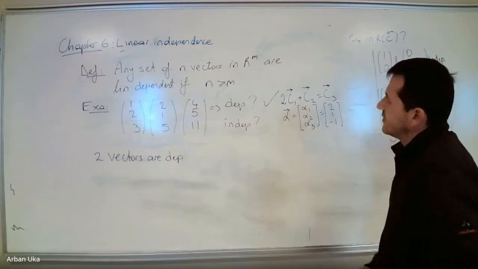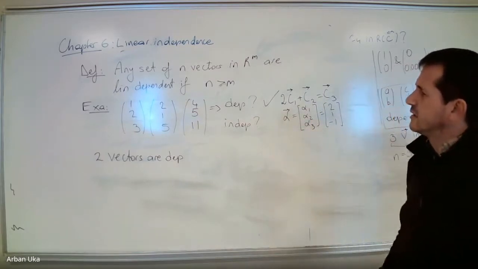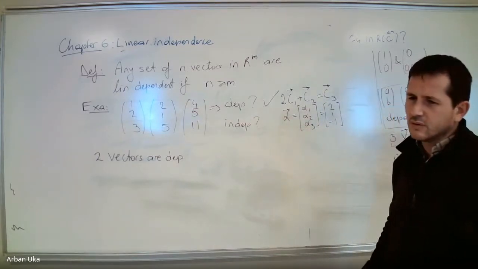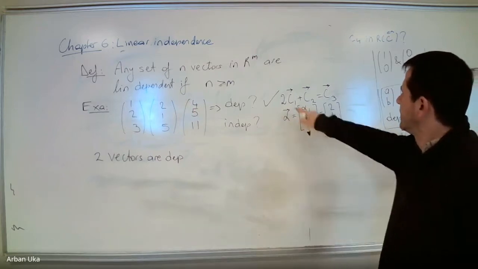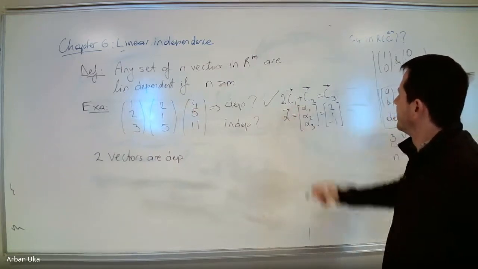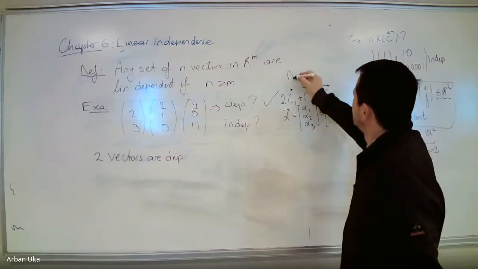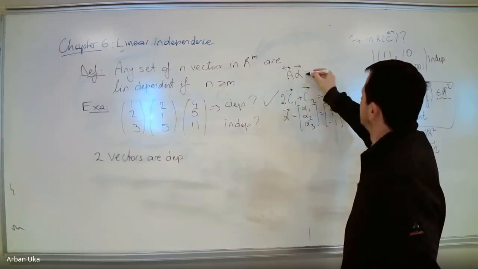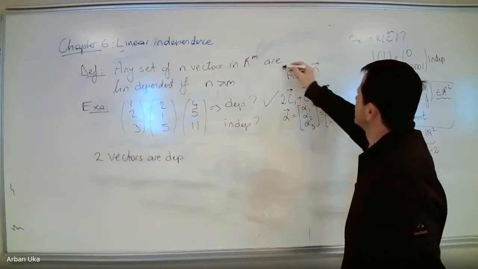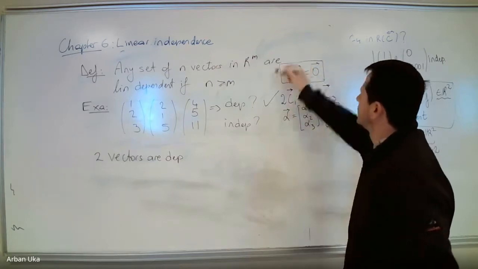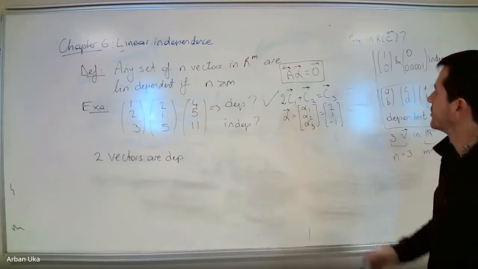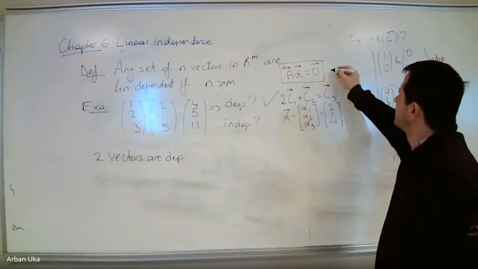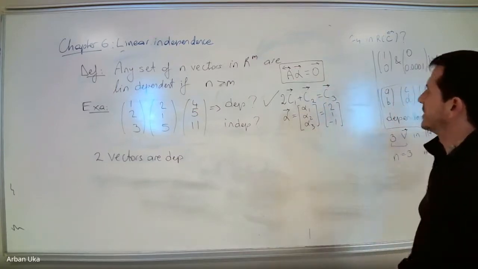So for such an alpha, we obtain a homogeneous linear equation. What is a homogeneous linear equation? It is something like this: A alpha is equal to 0. This is what we call the homogeneous equation, which is different from AX is equal to B, right?